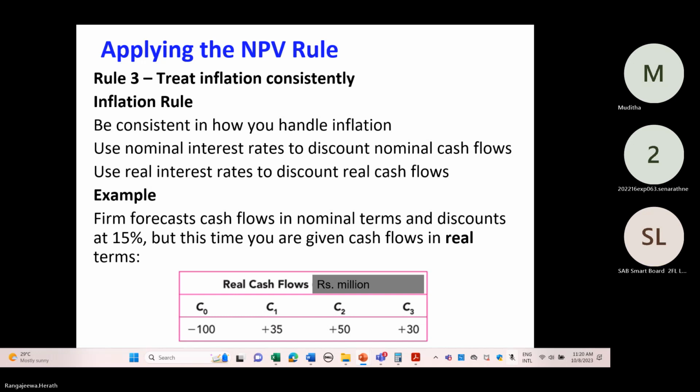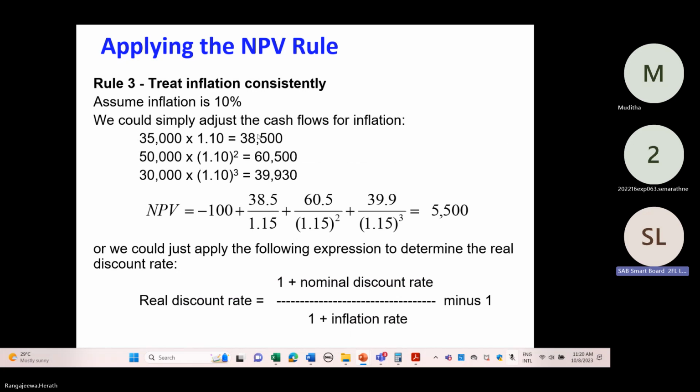So you can convert this real into nominal with 1.1. In other words, your nominal cash flow estimated is 38,500. You divide it by 1.1 and you get 35,000 real cash.